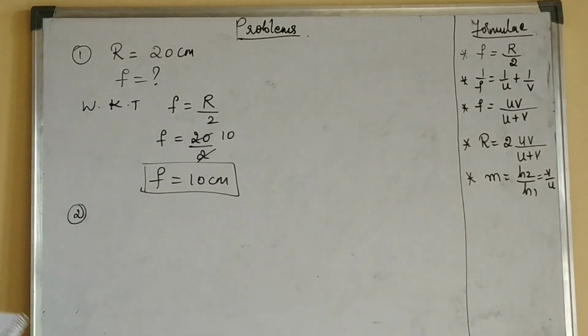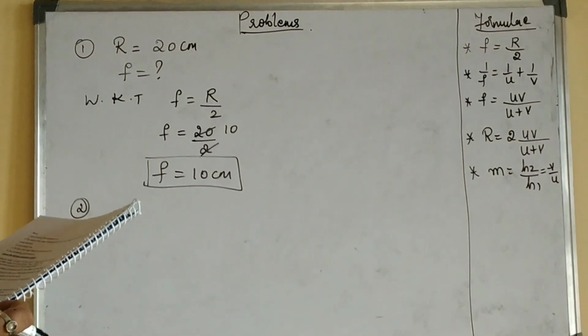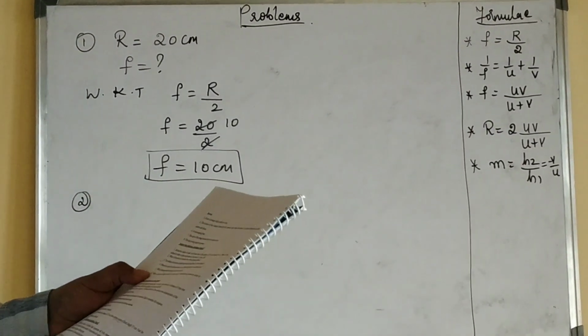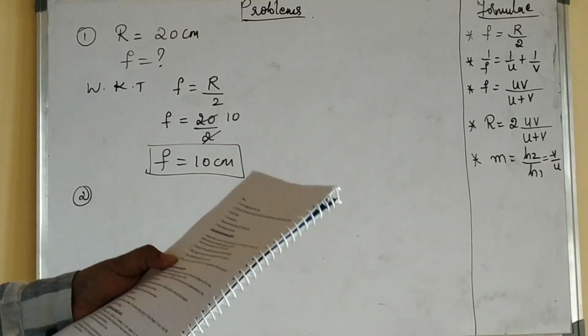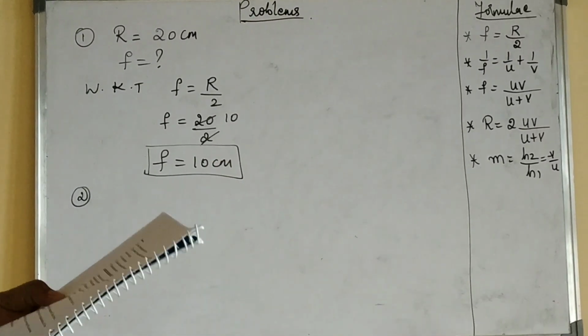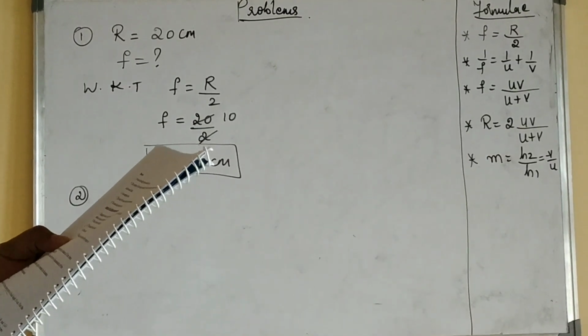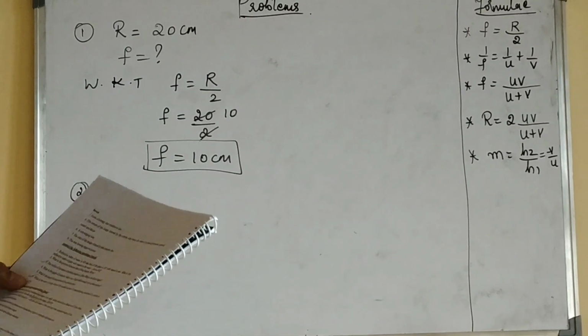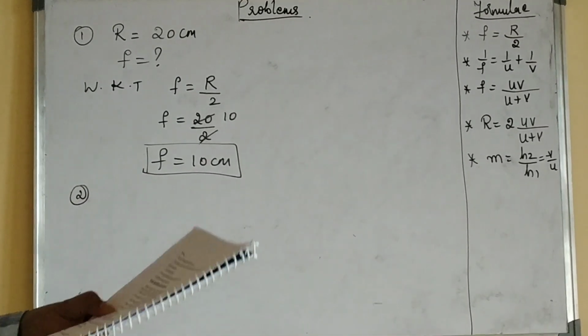Now moving to the second problem. What is the nature of the image formed by a concave mirror if the magnification produced by the mirror is +3? This is also 1 mark. They have given the mirror, only concave mirror.